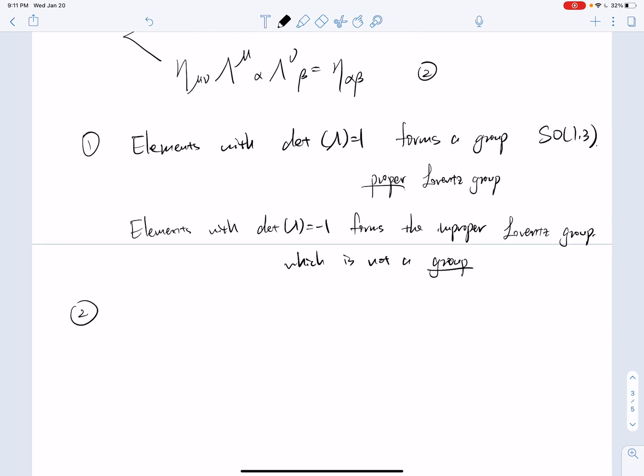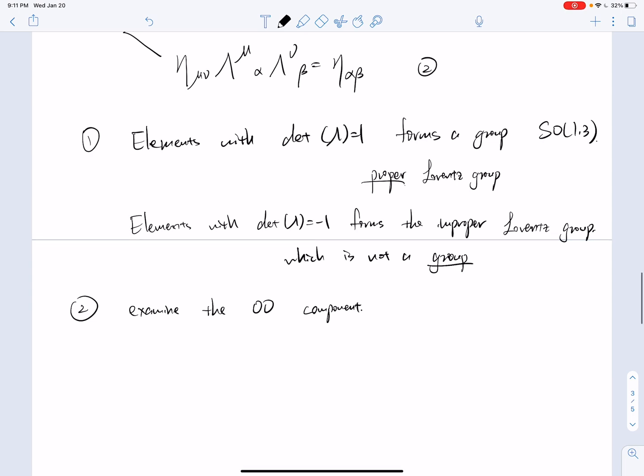The second identity: if we examine the 0,0 component, which is the time component, we find that the left-hand side gives us Λ^0_0 squared minus the sum over i of (Λ^0_i) squared, where the i's are summed, while the right-hand side gives us 1, where i is the spatial coordinate, so it runs from 1 to 3.